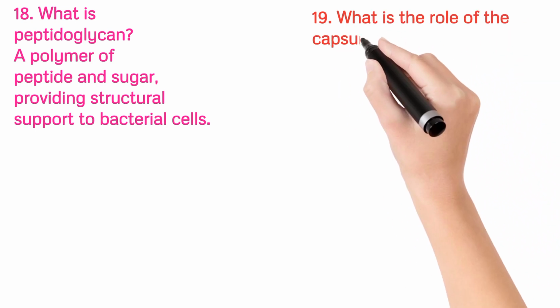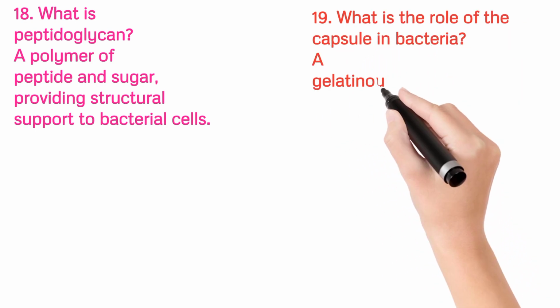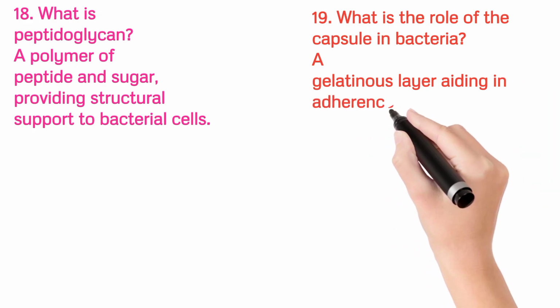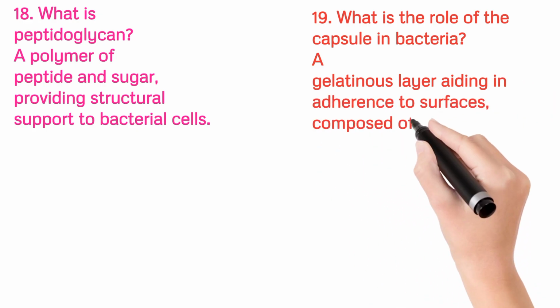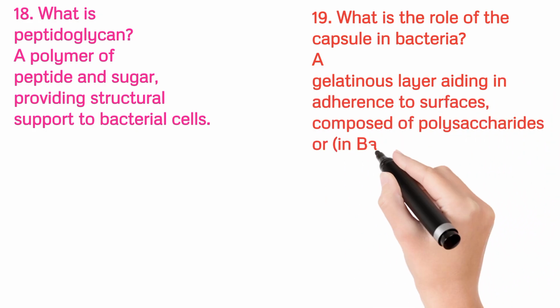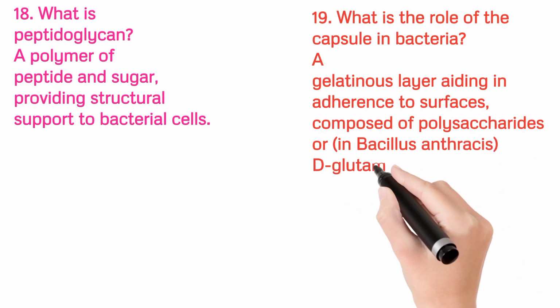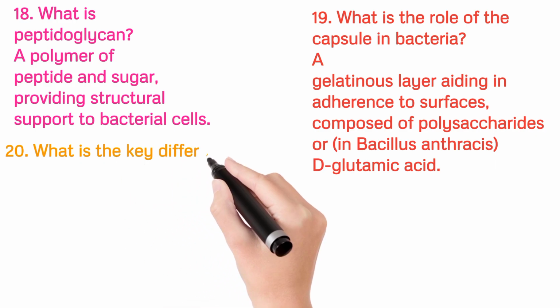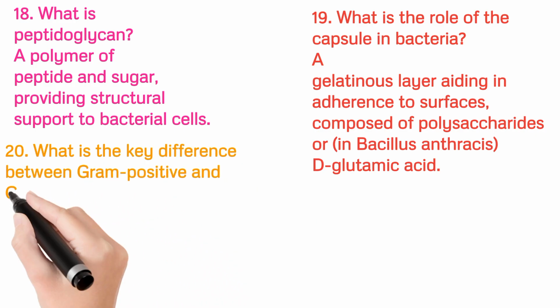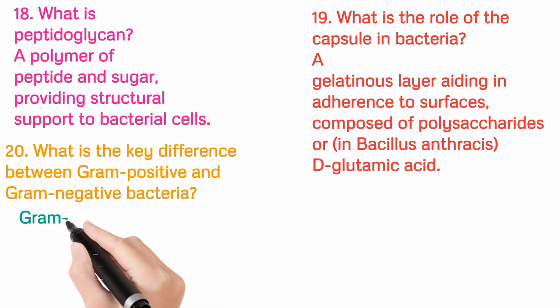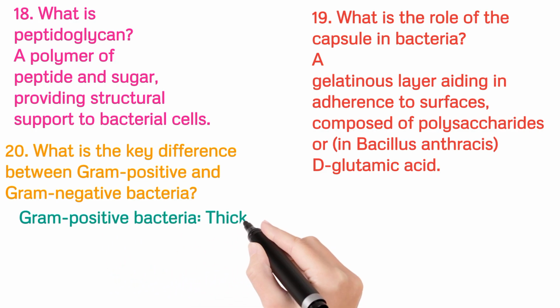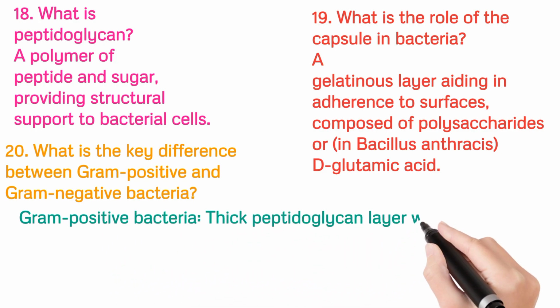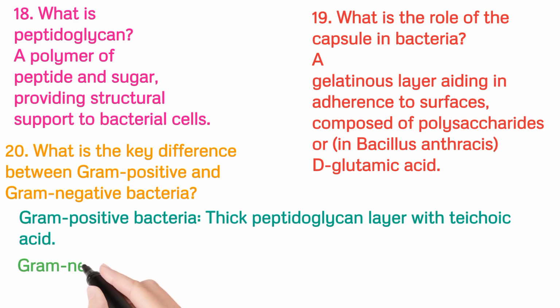19. What is the role of the capsule in bacteria? A gelatinous layer aiding in adherence to surfaces, composed of polysaccharides or, in Bacillus anthracis, D-glutamic acid. 20. What is the key difference between gram-positive and gram-negative bacteria? Gram-positive bacteria have a thick peptidoglycan layer with teichoic acid.